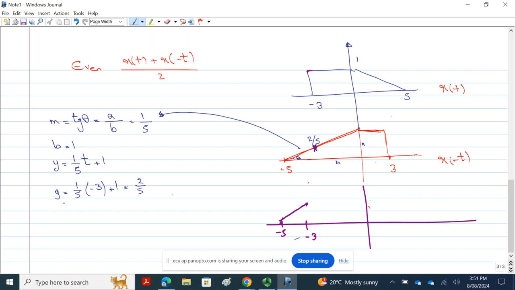I know the next point will be somewhere here, because 1 plus 2 over 5 will be 7 over 5, which is bigger than 1. So I know if that's 7 over 5, then that's my next point. Right? I jump to that point.